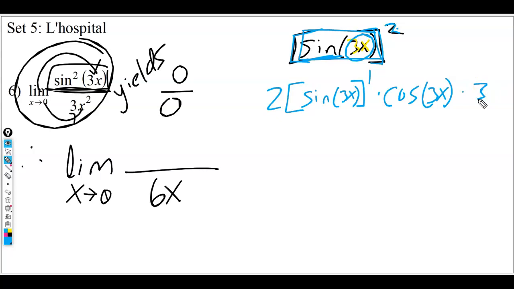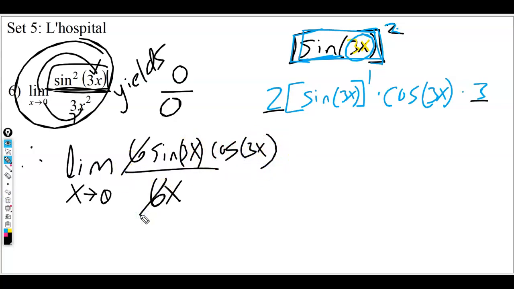So if I were to simplify this whole expression, what I would end up with then on the top of my fraction would be 2 times 3 here would be 6 sine 3x cosine 3x.